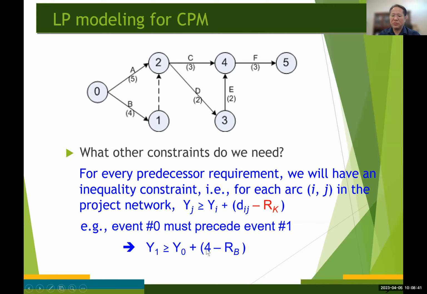That's going to be the duration of activity B minus the reduction in the duration of activity B, right? So that's because activity B now has a duration of 4 minus r sub B, right? So y sub 0 plus 4 minus r sub B is going to be the completion time for activity B. Is that correct?